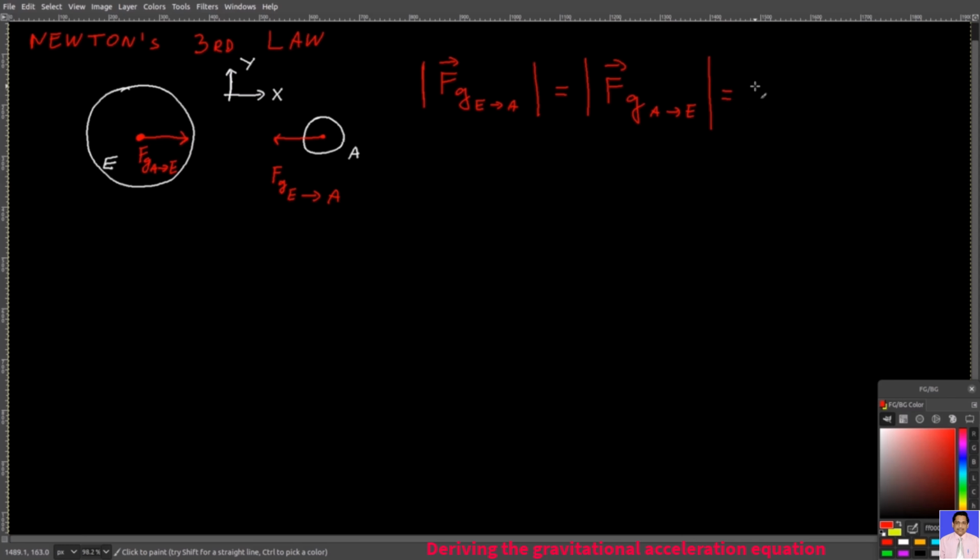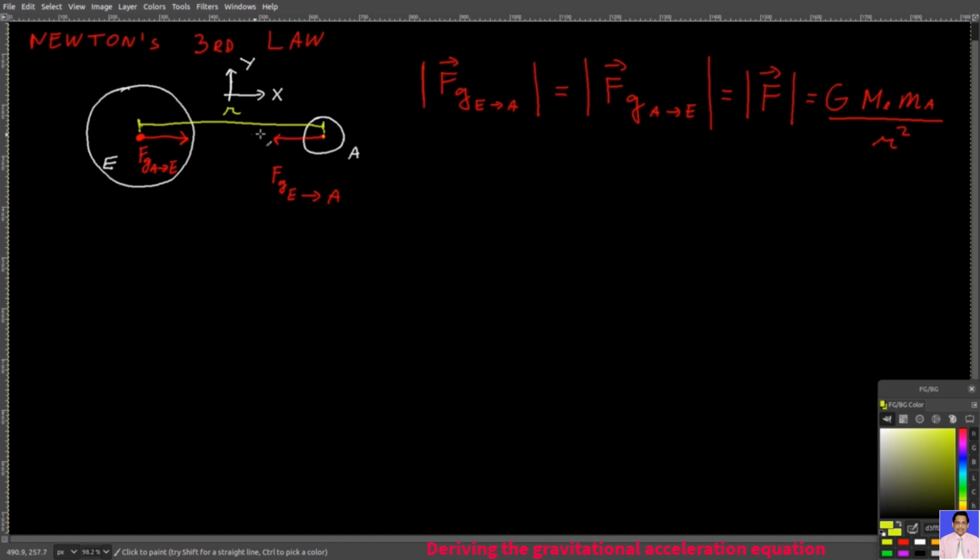Or we can simply write the absolute value of F, and all that equals G times the mass of the Earth times the mass of object A divided by r squared, where r is the distance between the centers of the Earth and object A, assuming that our mass distribution is equal here.